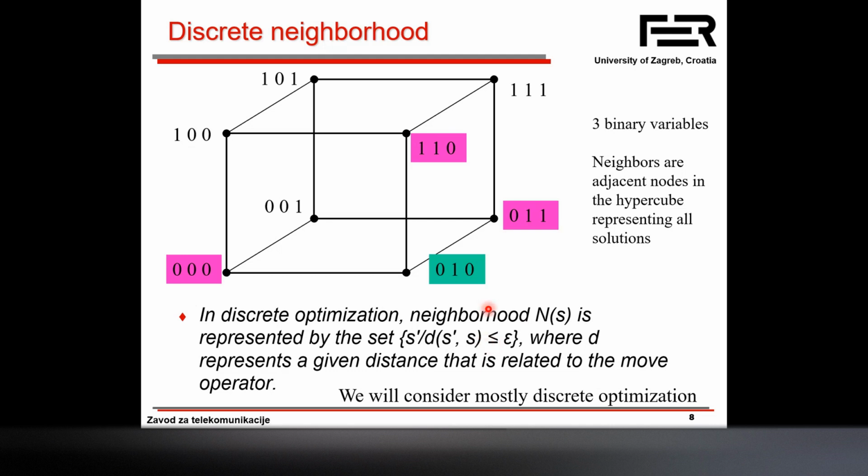In this case, let's say we have our current solution to be this green one, 0, 1, 0. We can say that distance would be one bit flip away. So these potential pink solutions are neighbors to this solution because they are one bit flip away from this solution. In that essence, neighbors are actually these adjacent nodes in the hypercube, which represent all of these different solutions.